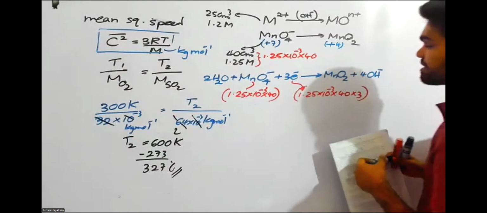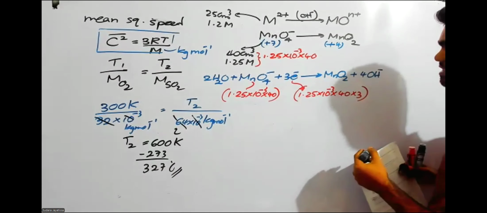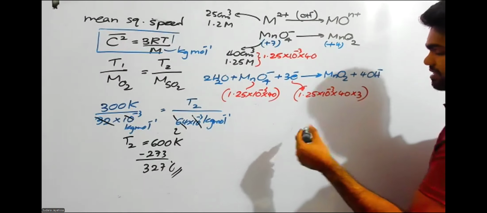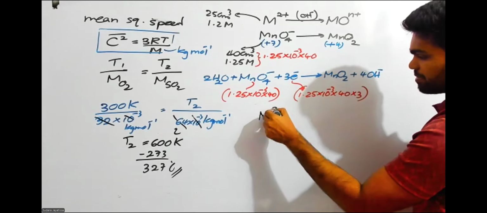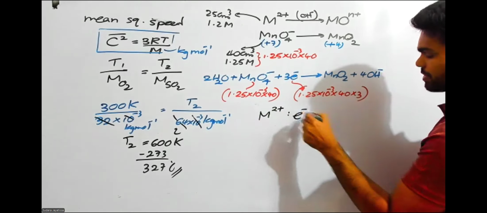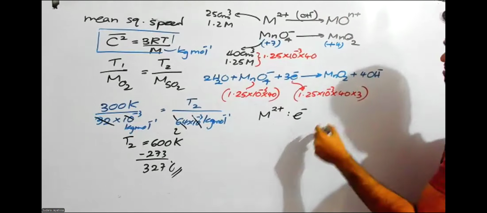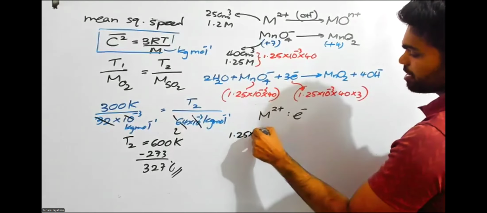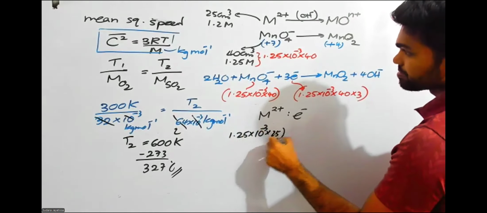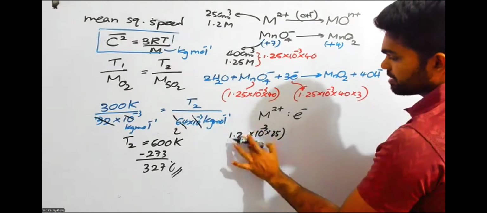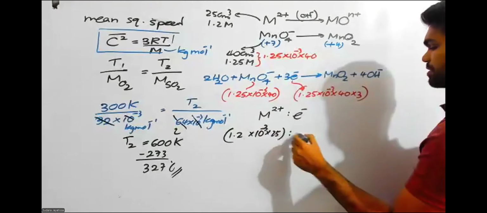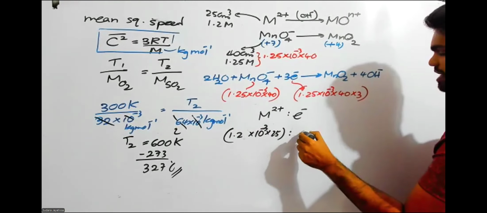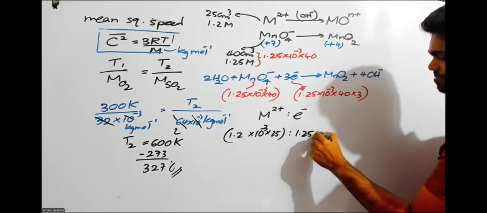So that means you can now get the ratio between M2 plus and electrons for this equation. What is the M2 plus moles? 1.25 into 10 to the power minus 3 into 25. Sorry, 1.2, 1.2. And from this, you get the electron ratio.